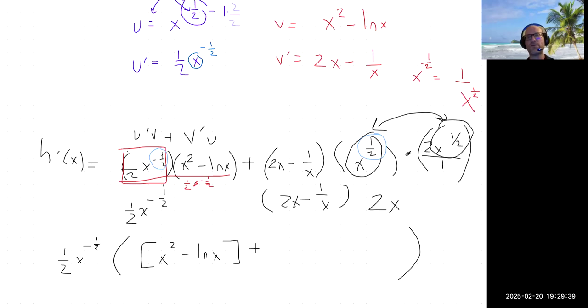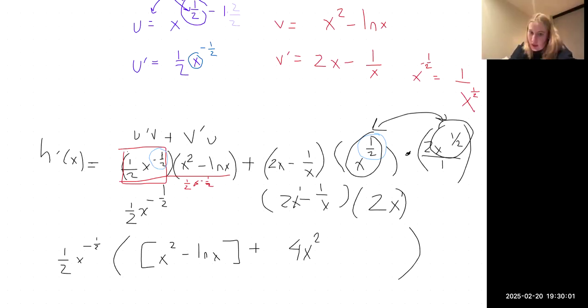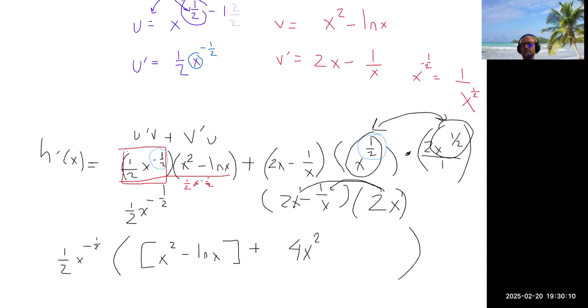So when I distribute that 2x, what's 2x times 2x going to give me? 4x squared. Remember that it's 1 and 1, so it's 4x squared. And then 2x times the 1/x, what's that going to give us?